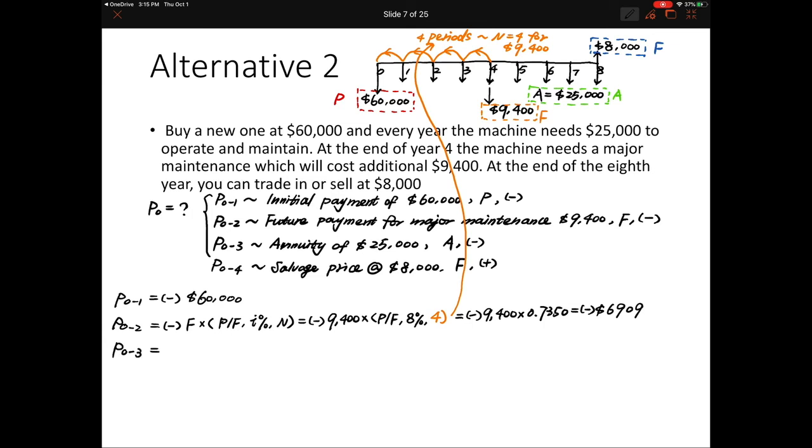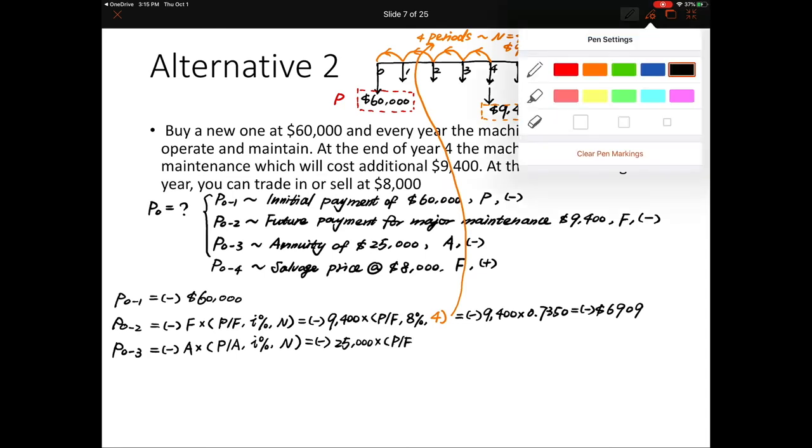Then let's calculate the P0 from the annuity. Still it's negative. You're looking for present value given annuity, so the equation is A times a factor, find the P given A, I%, and it's negative. A is 25,000.